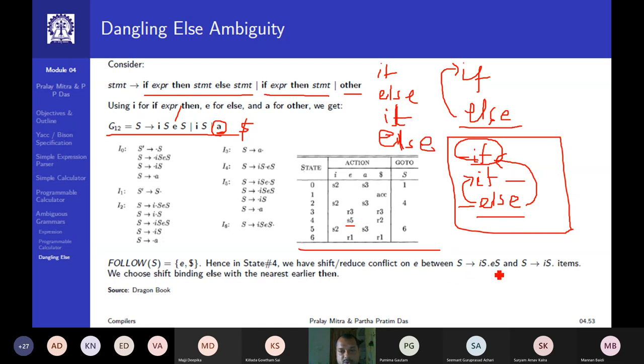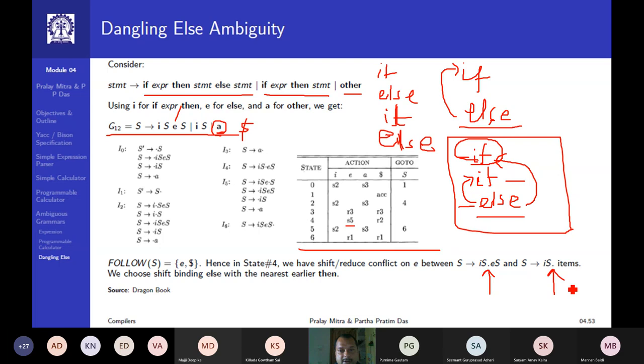When my dot is here, this is one item and this is another item, then which one to choose? Shall I consider that it is part of if else, or shall I say no, it is part of if then else?